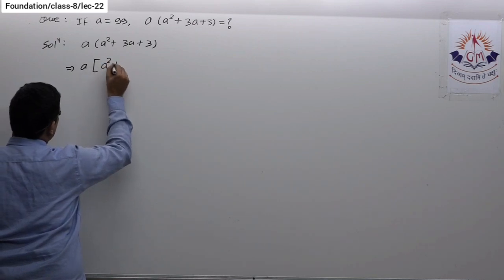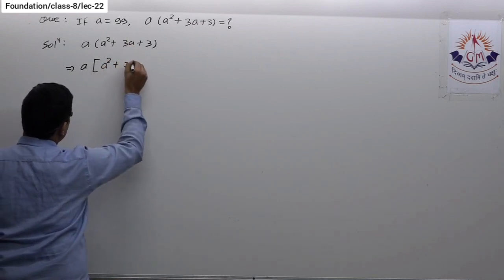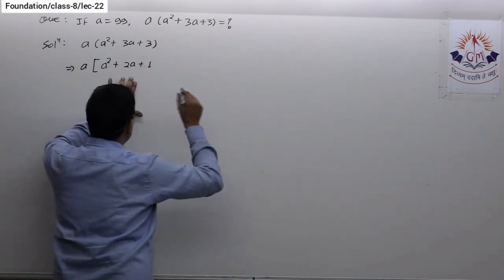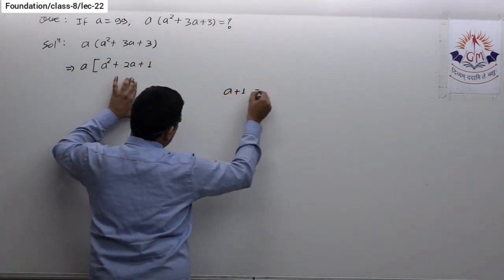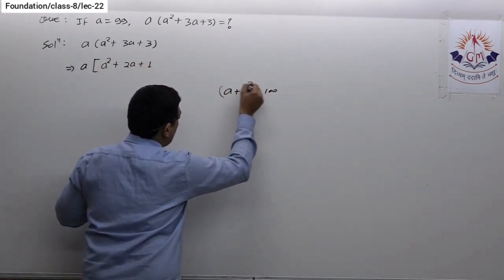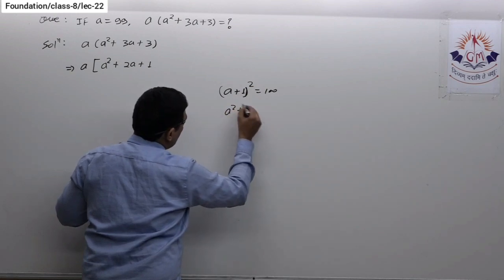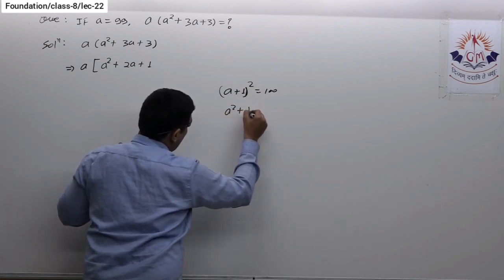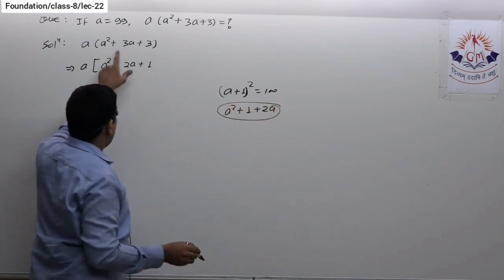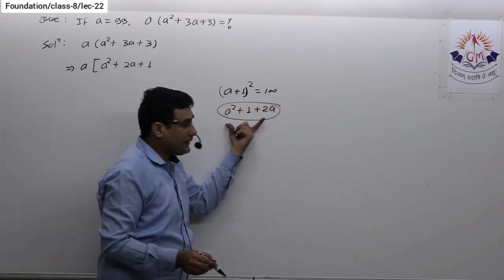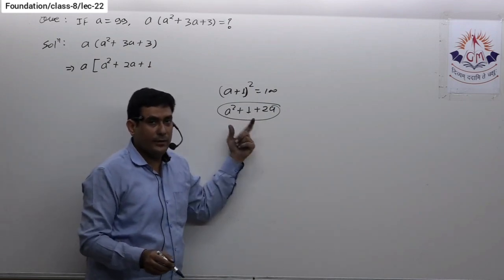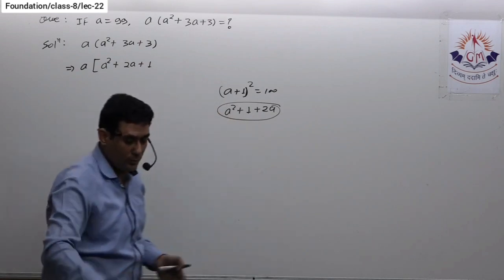A square, and instead of 3A I am writing 2A plus A. I know that A plus 1 is definitely 100, and the square of that is A square plus 1 plus 2A. So I am going to write the expression so that it contains A square plus 2A plus 1, because that can be written as A plus 1 whole square.